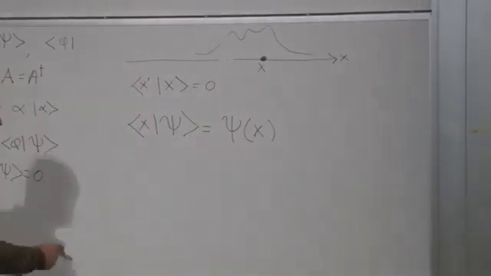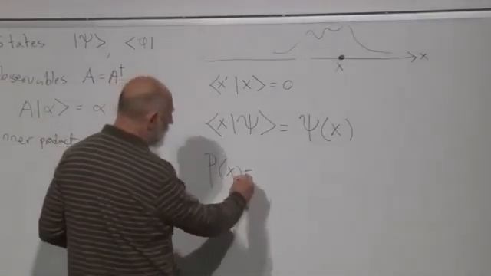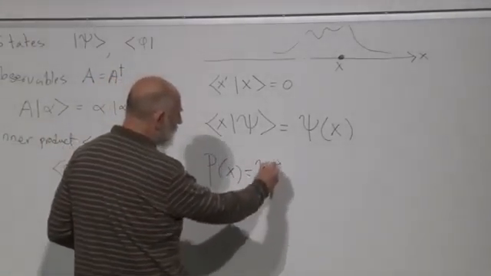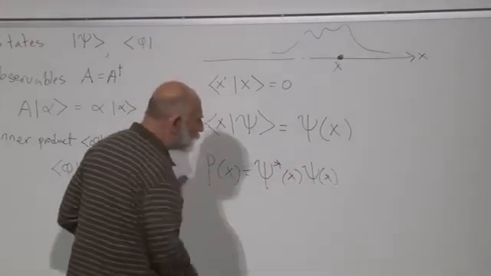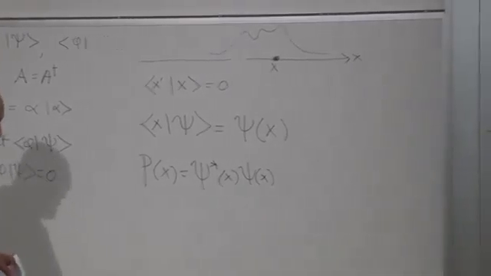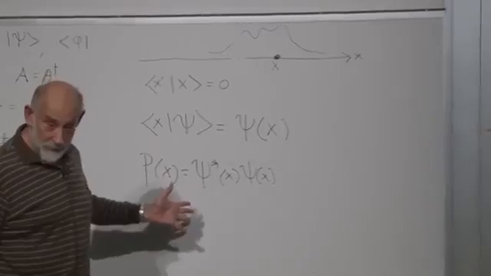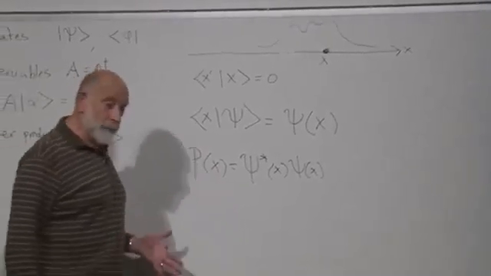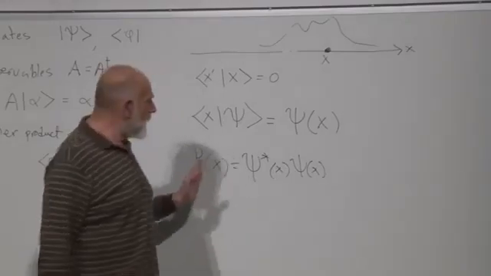The probability itself, let's call it P of x, is the product of the wave function times its complex conjugate. The wave function times its complex conjugate is positive. Any number, any complex number times its own conjugate is always positive.